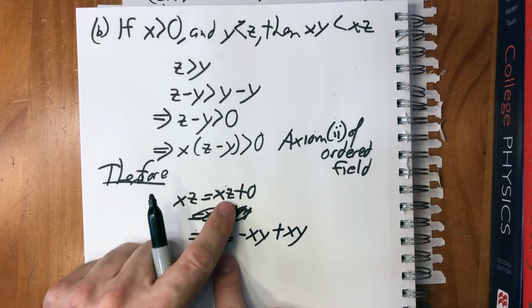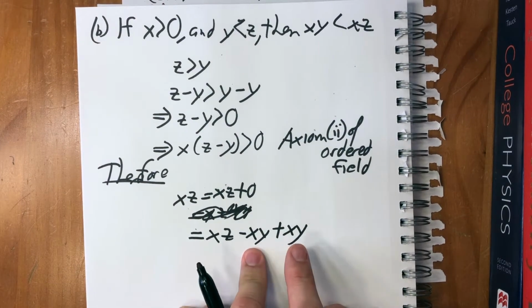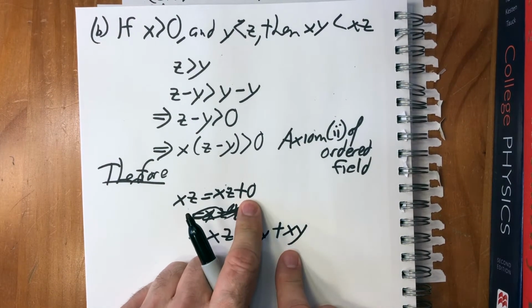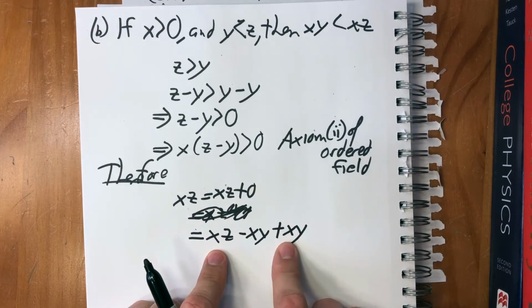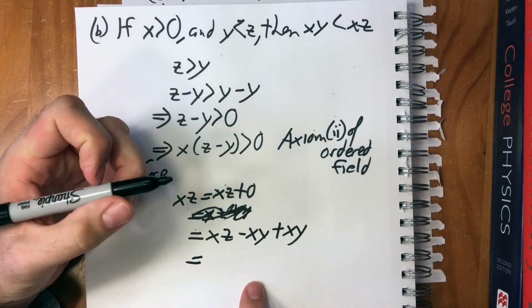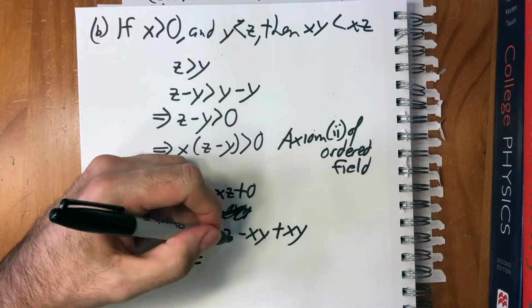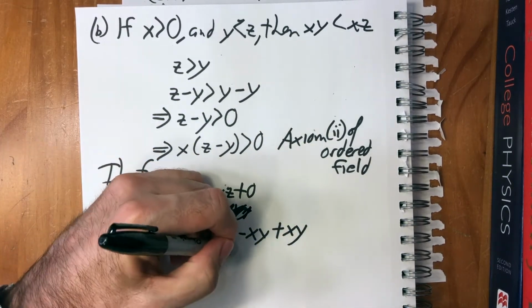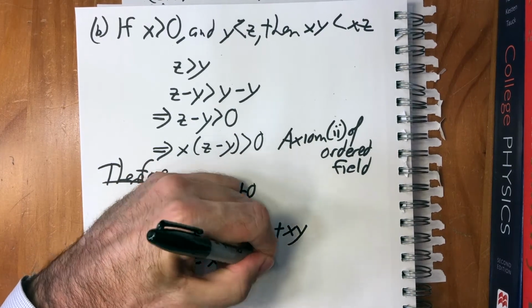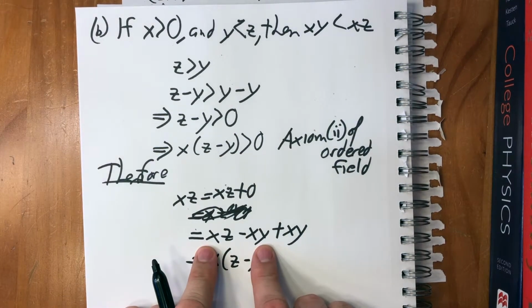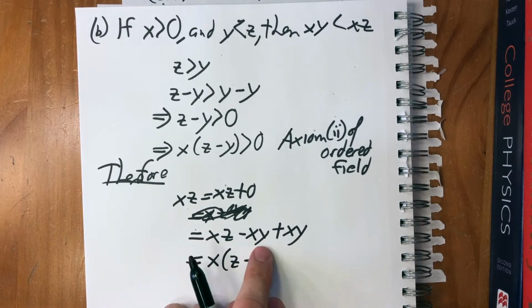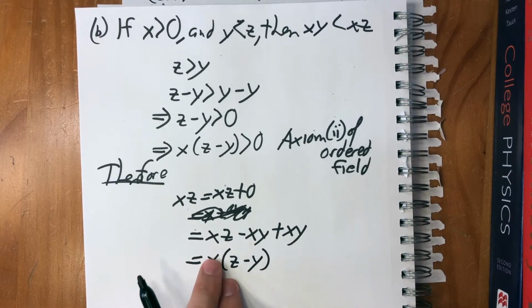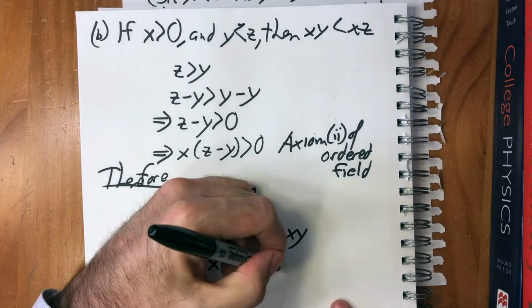So we had 0. We know from the inverse that minus xy plus xy equals 0. So we just substitute it in. Now we're going to use the distributive property to take the x out of here. So xz minus xy, use the distributive property to factor out the x. So we have x times z minus y plus xy.